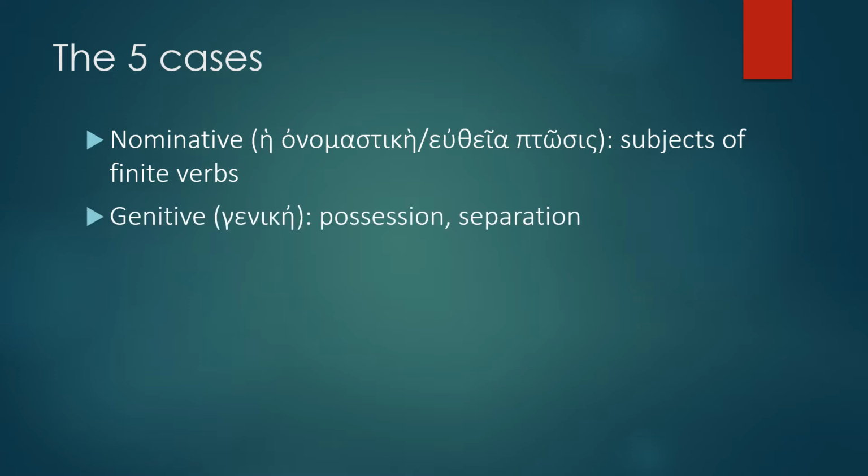The next case we have is the genitive case, and genitive comes from genike ptosis. This is the case of possession or sometimes of separation. So this is cognate with genus, like in genus and species.